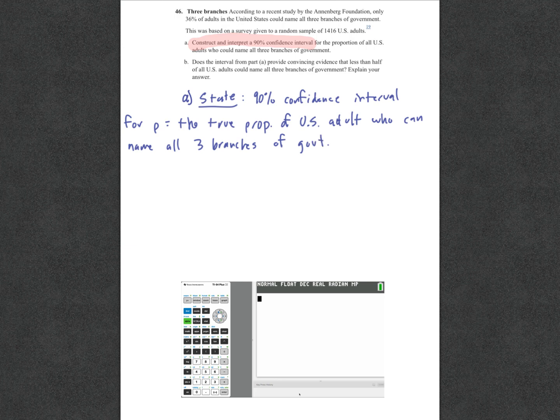Okay, so that's the state part. So now we'll do plan. The procedure that we're using for proportion right now is a 1 sample Z interval for P. Okay, so to check conditions, so random.